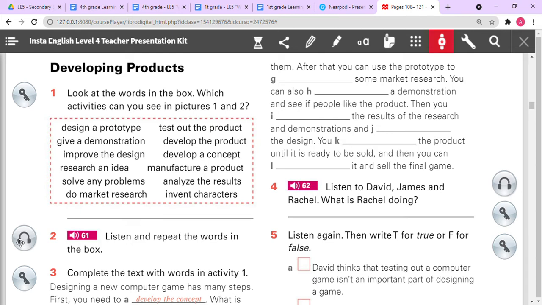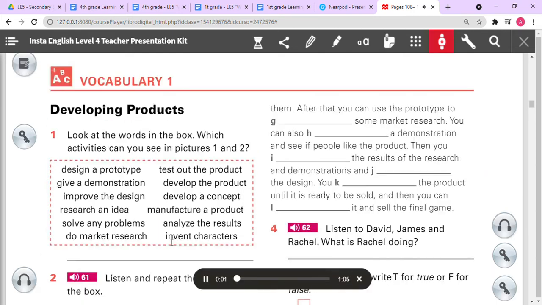Unit 7, Virtual World, Track 61, Activity 2. Design a prototype. Test out the product. Give a demonstration. Develop the product. Improve the design. Develop a concept.